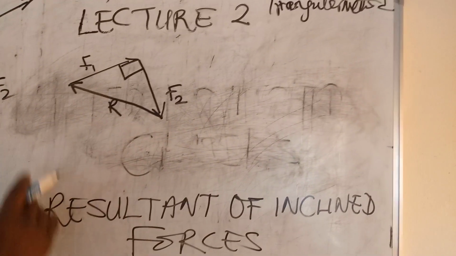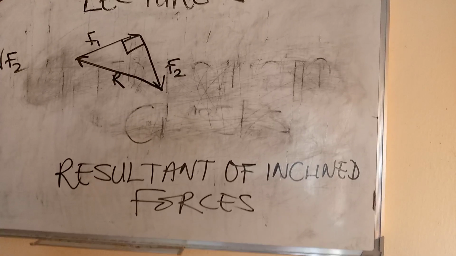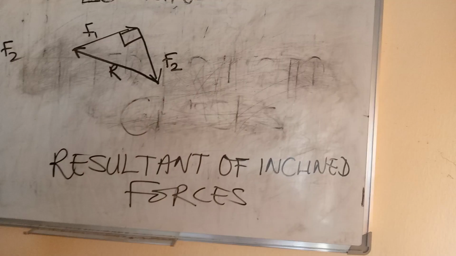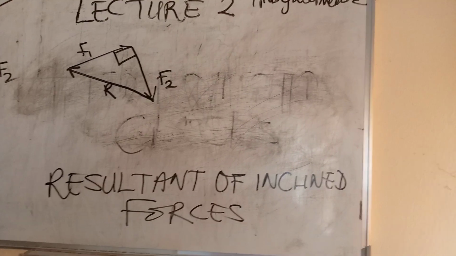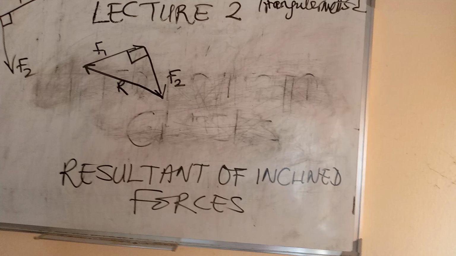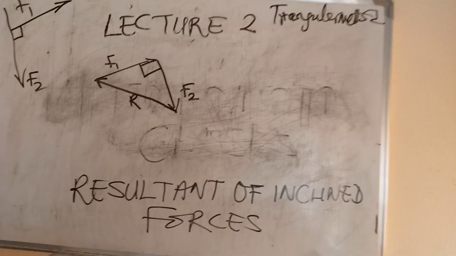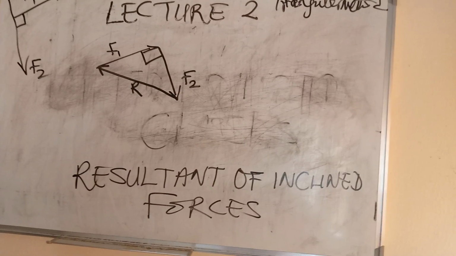Now, if that's the case, it is simple. To calculate the resultant becomes a very simple thing using Pythagoras theorem, because the angle here is 90 degrees. If it is not 90 degrees, we use the cosine rule. As a matter of fact, the cosine rule is an extension of the Pythagoras theorem.